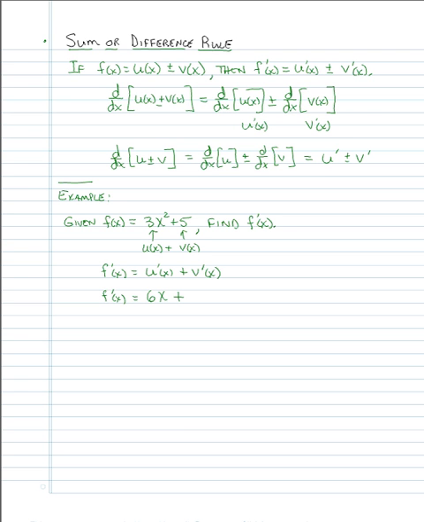And then we look over at the function v, and the function v is just 5. The derivative of 5, that's the derivative of a constant, and the derivative of a constant is 0. So we would just end up writing a 0 there. Or we would, of course, simplify that and say f prime of x is really just 6x. And so we've done that very quickly. It's not a bad thing at all.